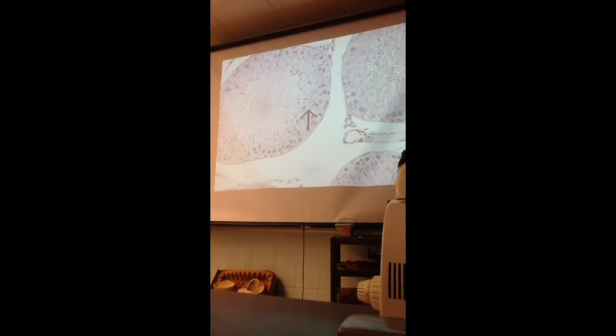Okay, this is a section taken through a rat testis, and it's like a mature testis which is actively undergoing division. So when you look at an immature testis, you won't see all these divisions. In an immature testis, before puberty, you don't see all these structures. Any questions with this slide?